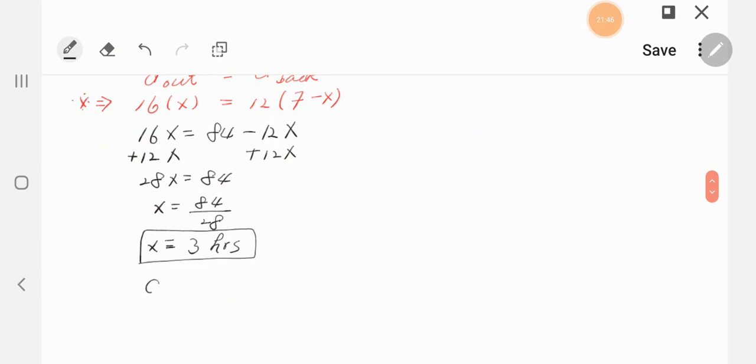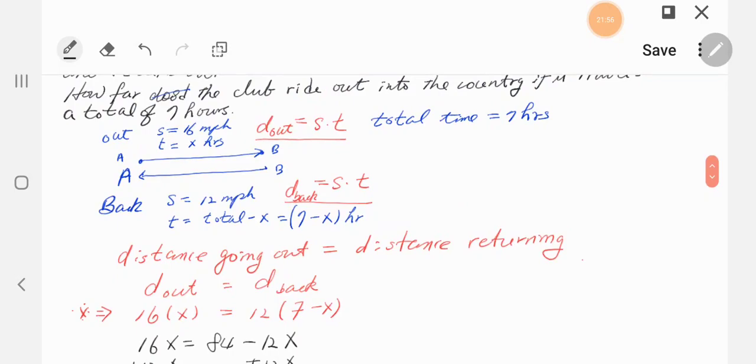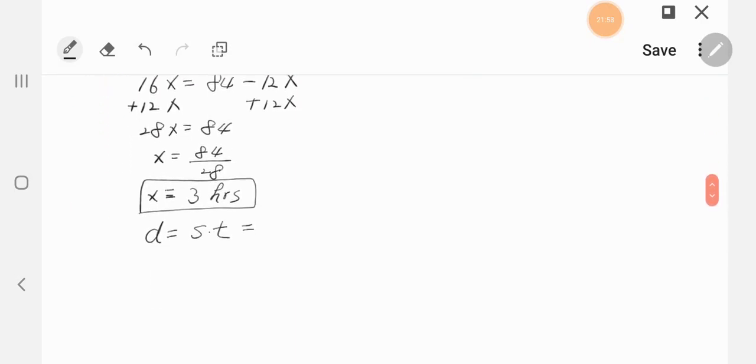The distance is speed times time, right? What's the speed going out? 16 miles per hour. So there's 16 miles per hour times how many hours? 3 hours. So that is 48 miles.